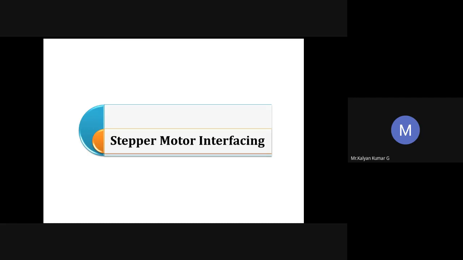So what are the main components of a motor? No need to tell all the parts, just mention the main components required in a motor.